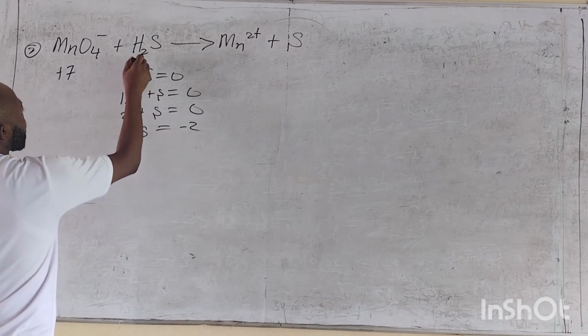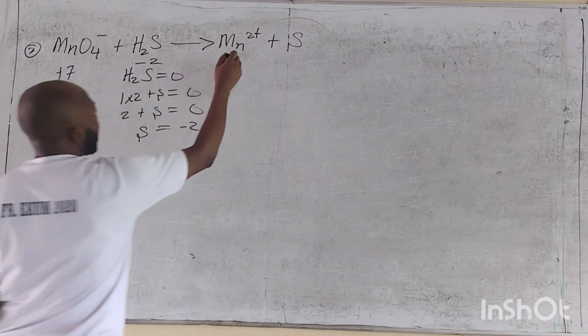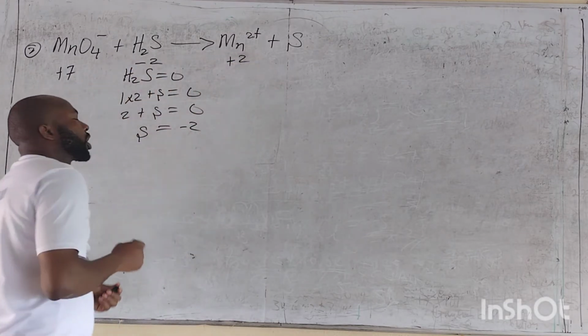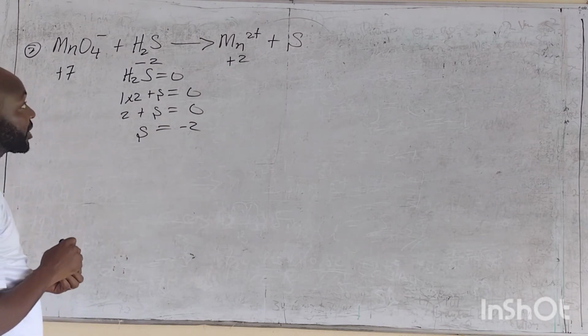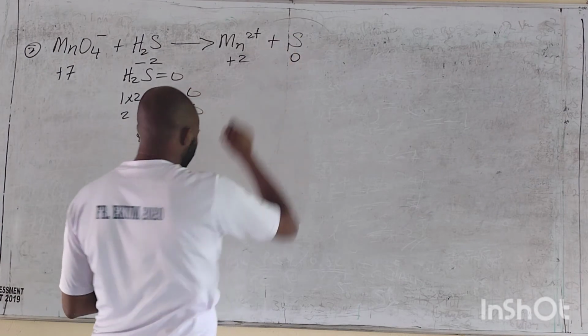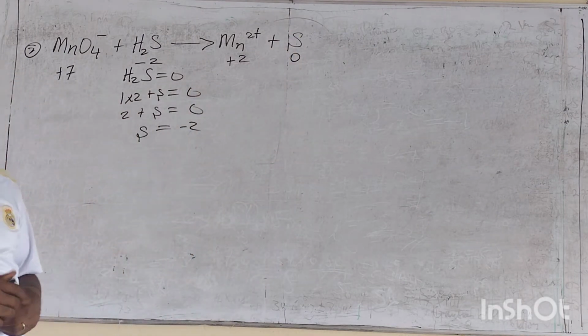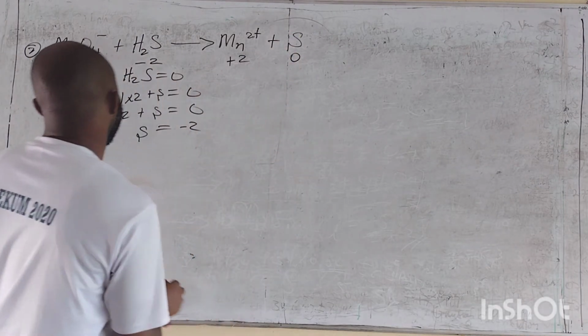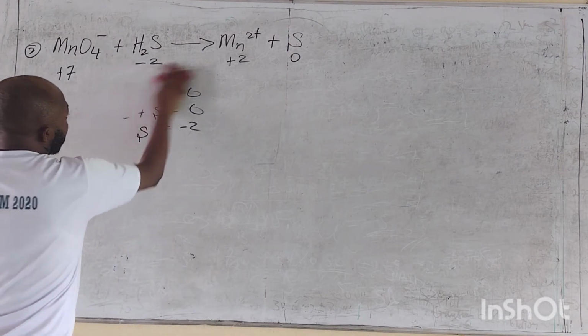So here the oxidation state is minus 2. Here is plus 2. The oxidation number of elements in their free state, in their neutral form, is equal to 0. So here sulfur is 0. I read that earlier, I don't have to go back to it. You have to listen or go check it out.